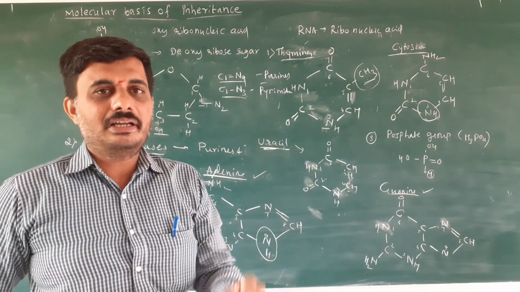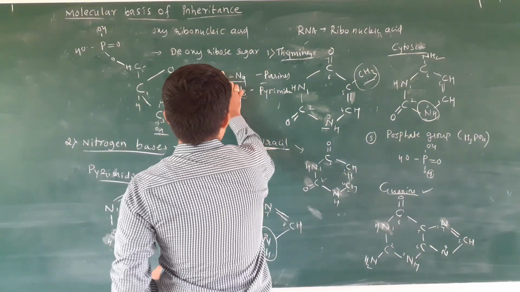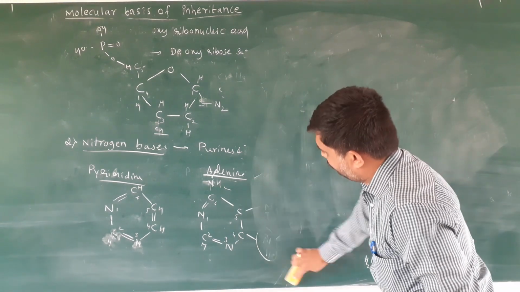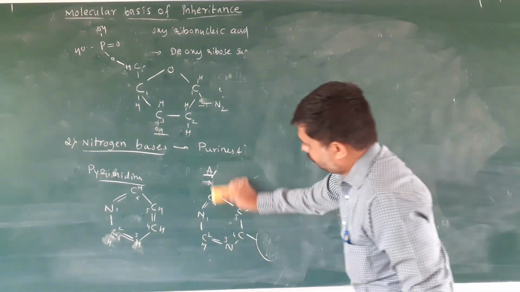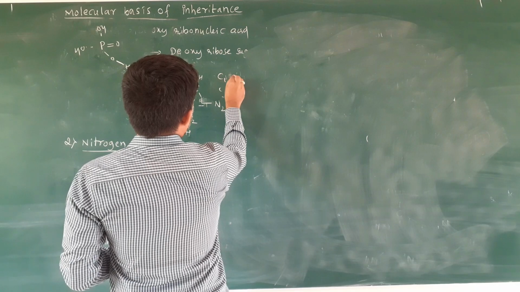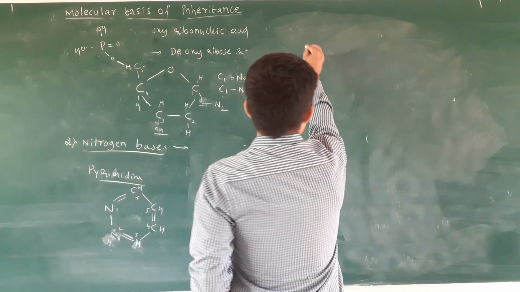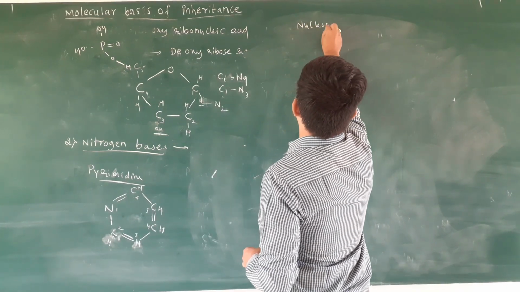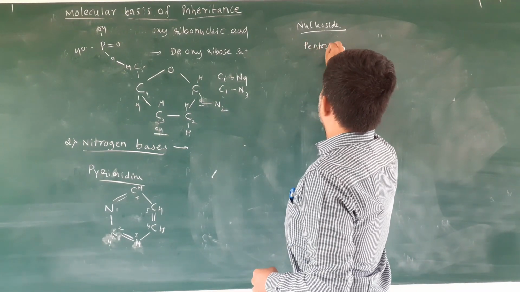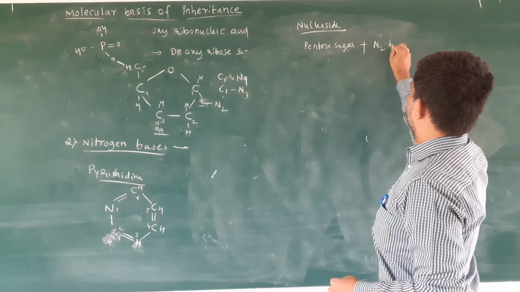Before that, understand what a nucleoside is and what a nucleotide is. What is a nucleoside? C1N9 in case of purine, C1N3 in case of pyrimidine. A nucleoside is when the pentose sugar is attached to the nitrogen base.